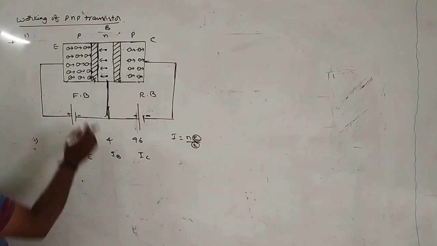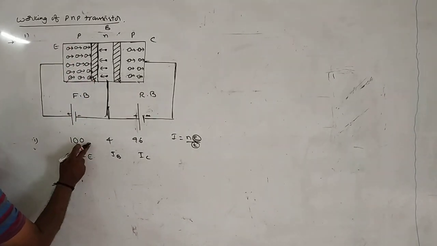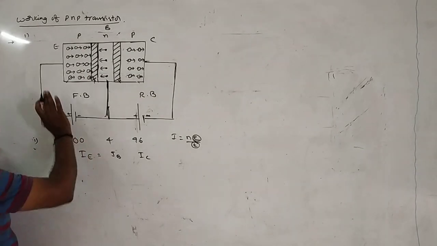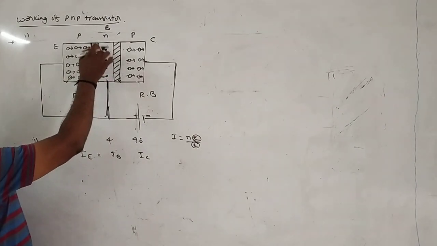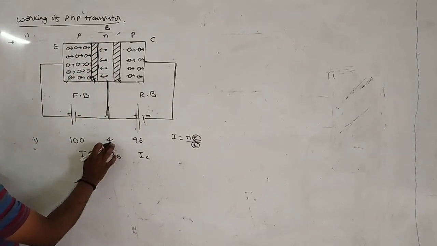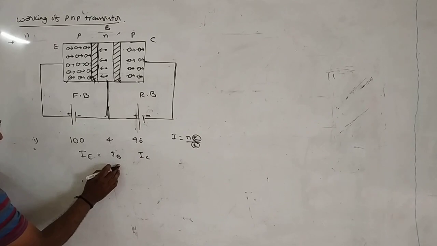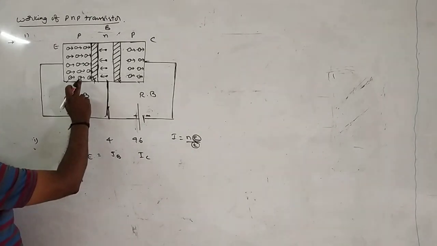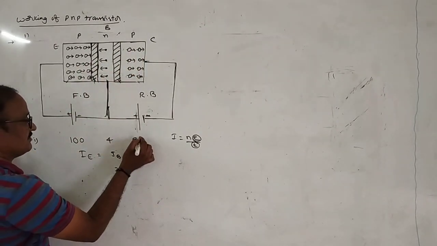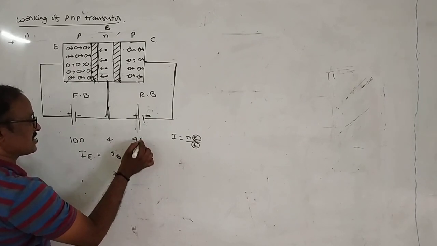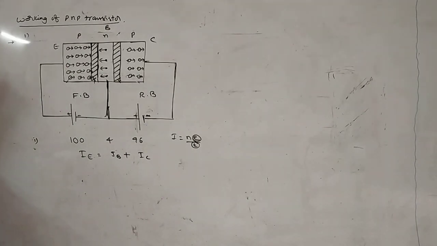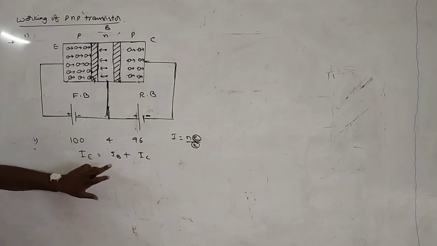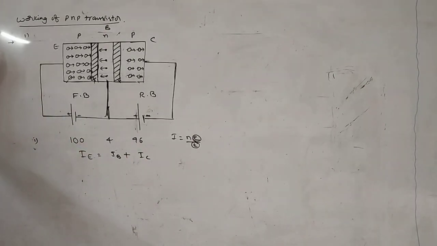Therefore, the total number of charge carriers leaving the emitter is 100. So 100 holes are emitted, 4 are recombined in the base region and constitute the base current. The remaining 96 positive charge holes enter the collector region and constitute the collector current. That means IE is equal to IB plus IC. In general, in any transistor, emitter current is always equal to the sum of base current and collector current.